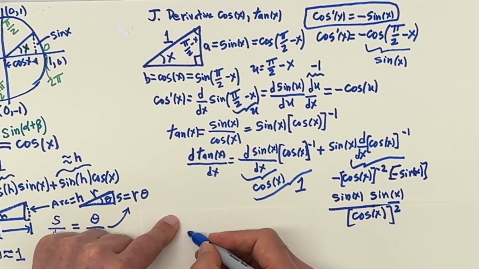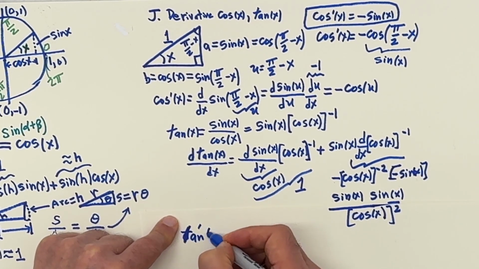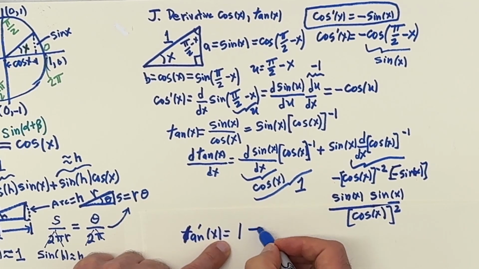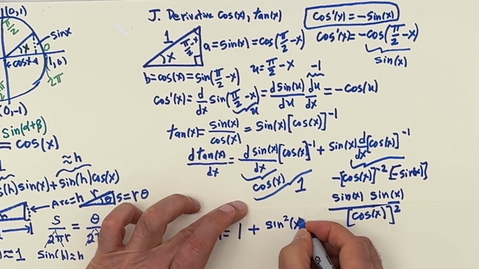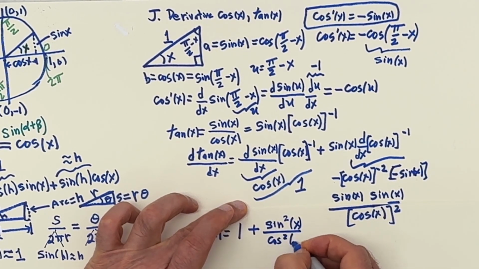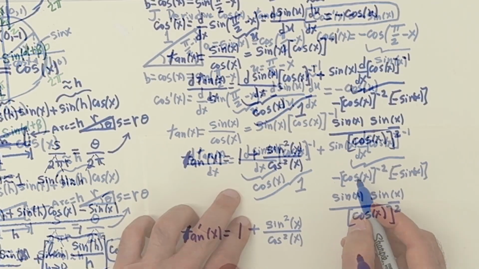So that means for our derivative of the tangent of x, and I'm just going to use the abbreviation here, the derivative of tangent is going to be 1 plus the sine squared of x over the cosine squared of x. And we usually put that 2 inside like that when we're doing squares.